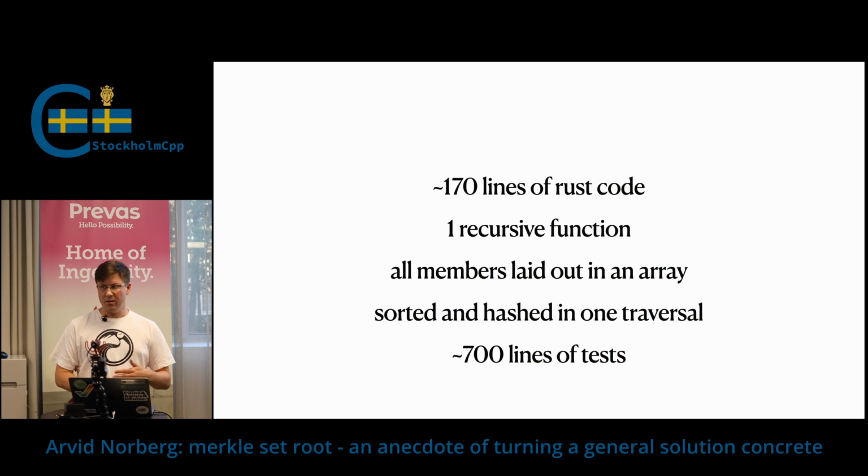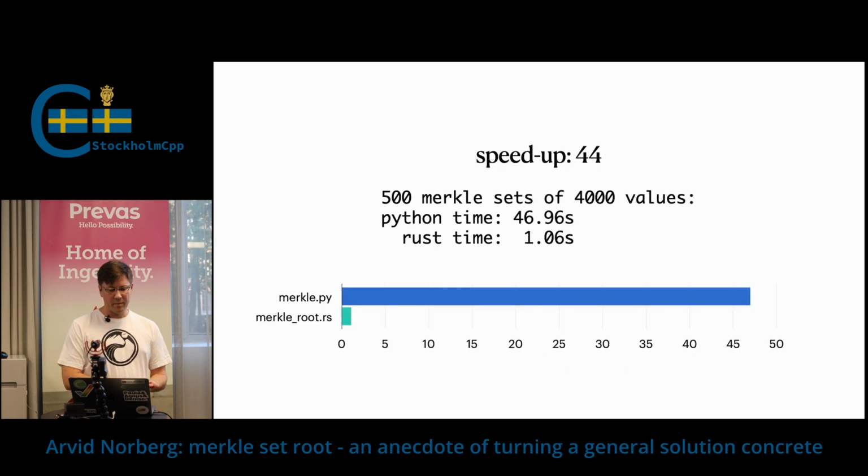So you run one pass, one tree traversal pass on it, and you have the hash at the end. That gives a speed up of 44. What does it mean? The slow version takes 44 times longer to run, which in our case was actually somewhat important. This was showing up in our profiles before I rewrote this.